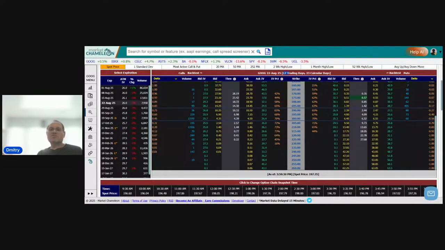What's the difference if I have August 22nd or September 19th? Well, you have one option that has more days and more time to become profitable, right? So these are important differences, and then we have to evaluate them based on those parameters, based on those factors.